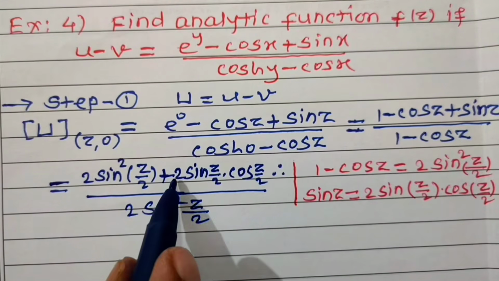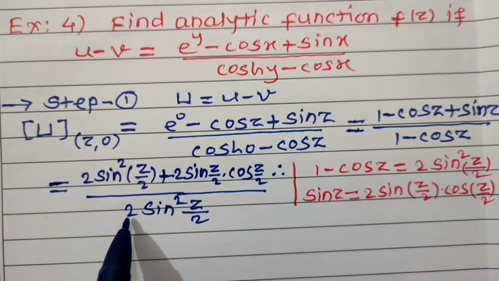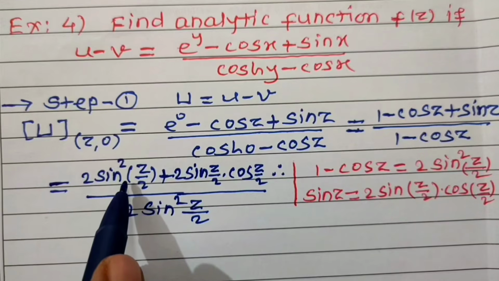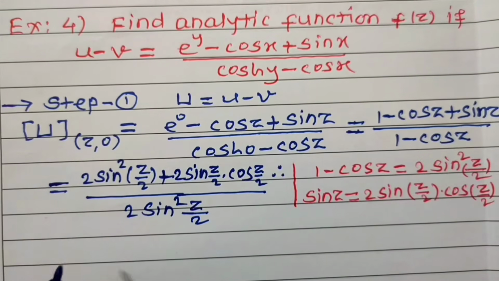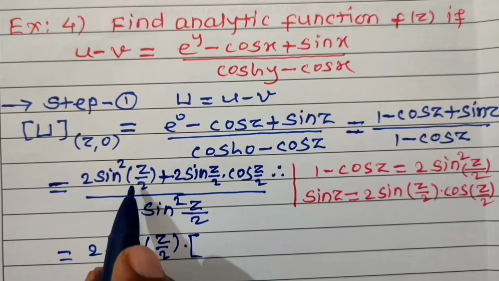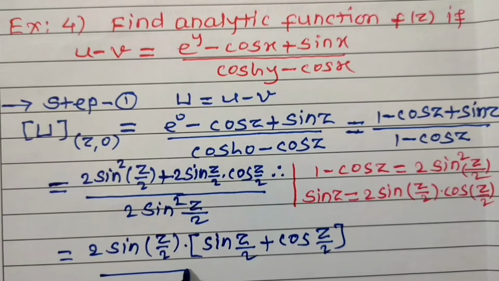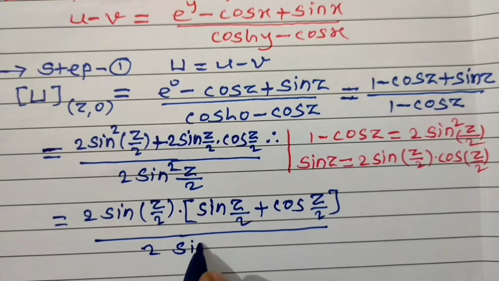Now you can take 2 common from these two terms in the numerator and it cancels with the 2 in the denominator. As well as we can take sin z upon 2 common from these two terms. So this is equal to 2 times sin of z upon 2 into bracket sin z upon 2 plus cos z upon 2, divided by 2 times sin square z upon 2.